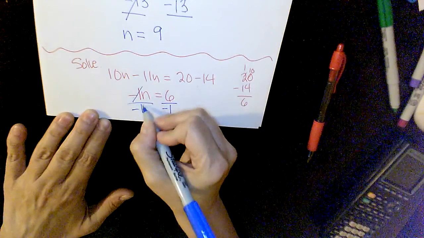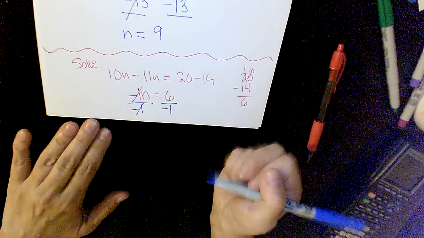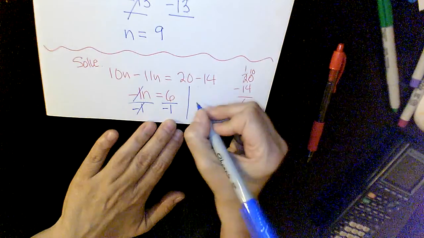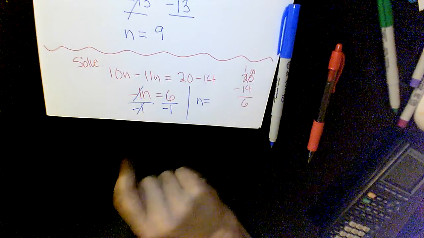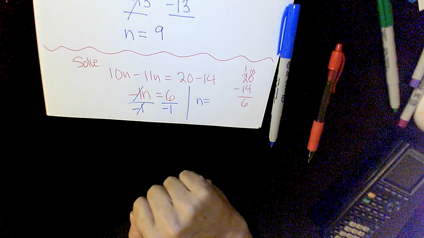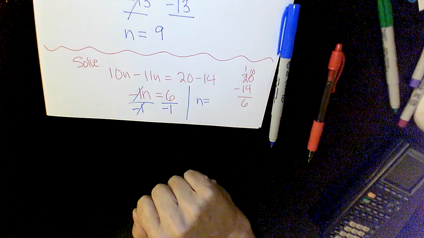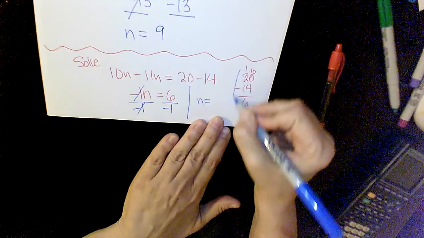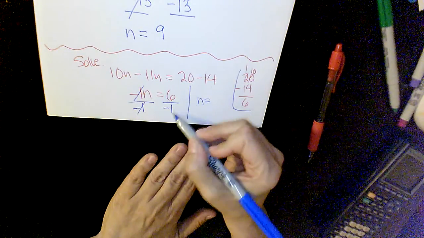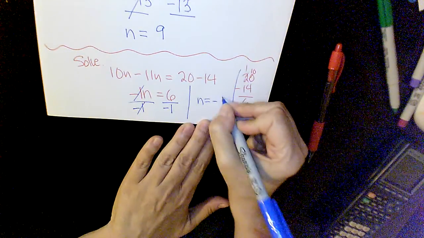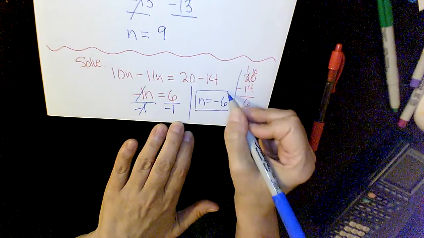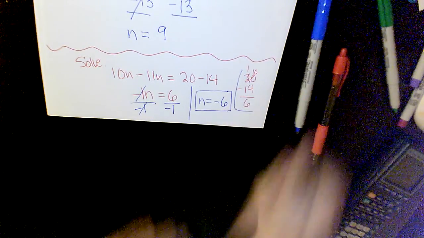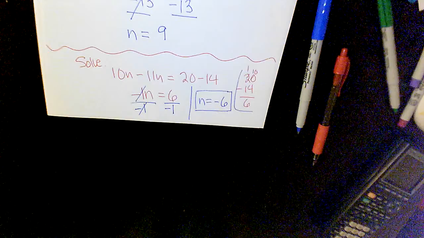So these negative 1s are going to go. And I'm going to be left with just n. And what's 6 divided by negative 1? What does n equal? 6 divided by negative 1 is negative 6. So my answer is, or my solution is, n equals negative 6.